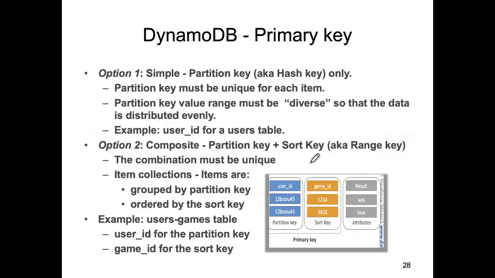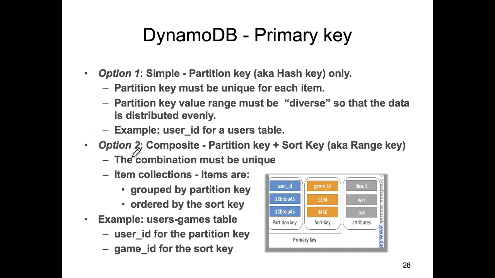So if I go back to here now, sorry for jumping around, but when a table's design is option 2, then it's only for those types of tables that you can perform query operations. They only make sense for those types of tables.